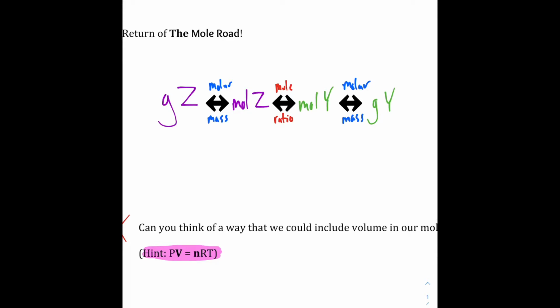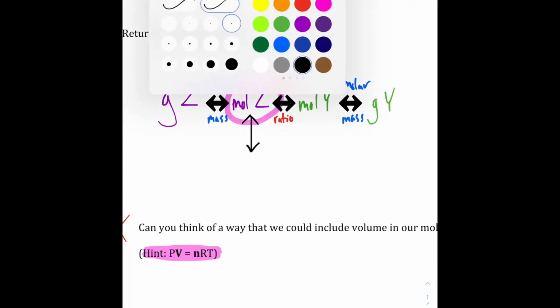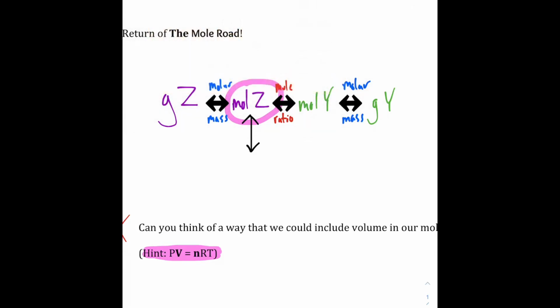Well, if we have moles of the substance, we can convert that to volume because we have an equation that relates moles to volume. So we could actually put here, let me choose a different color. Let's go orange.